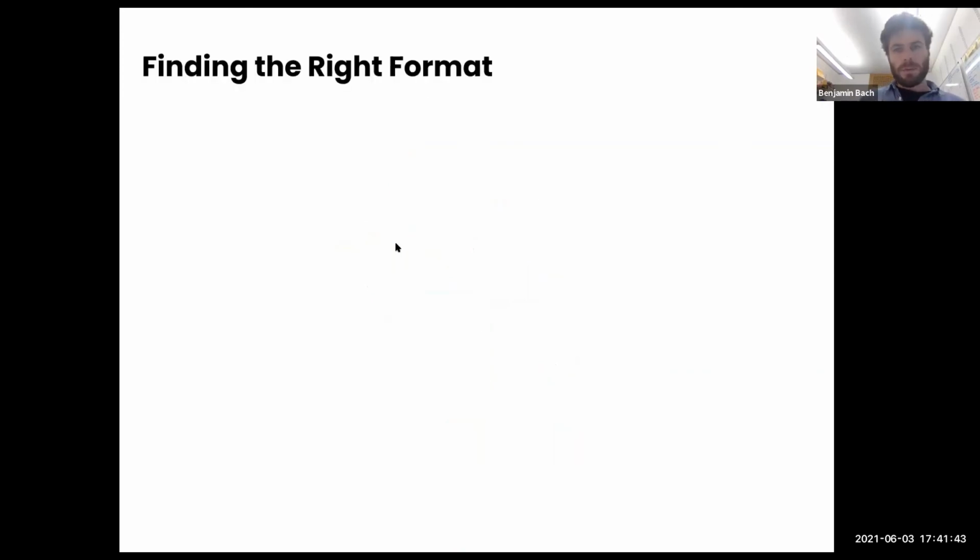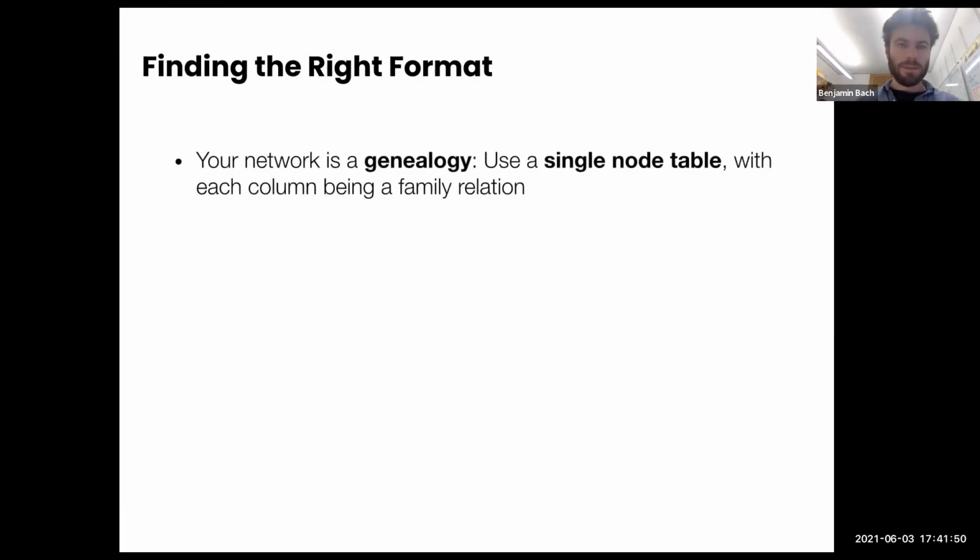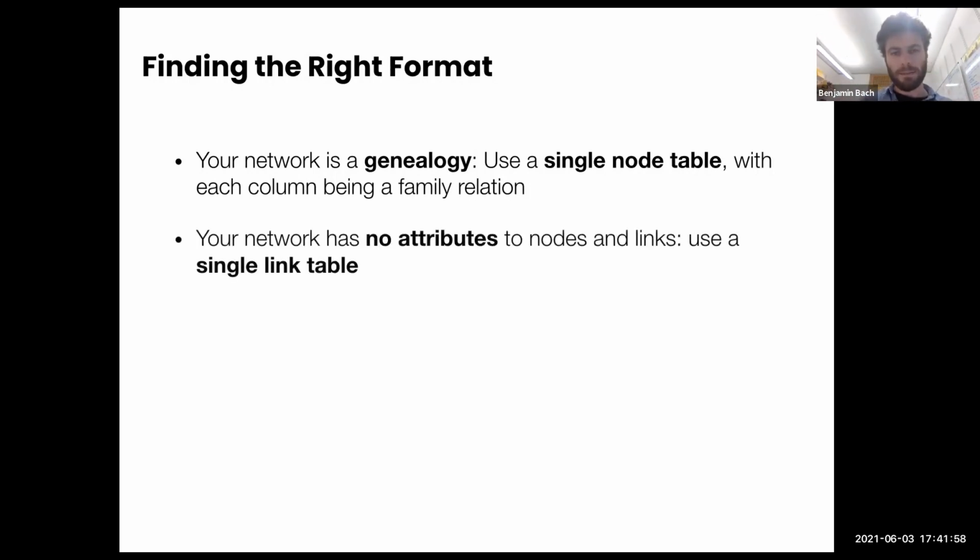Now, finding the right format, edge table or link table, will require a little bit of thinking in the beginning. The simple rule is, when you have a genealogy, go with a single node table. If you have just links and attributes on links, it's a link table.